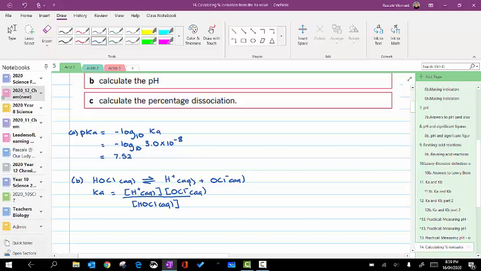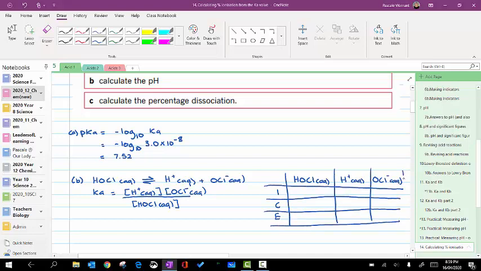To be able to work this out, I'm going to draw up an ICE table. From the equation, we can see that for each mole of HOCl that dissociates, we get 1 mole of H plus ions and 1 mole of OCl minus ions. Okay. Now, in the question, we are being told that the concentration of the acid is 0.10 moles per litre. And initially, before any dissociation occurs, the concentration of these two ions is going to be 0.